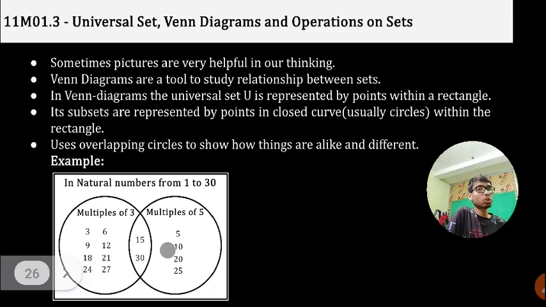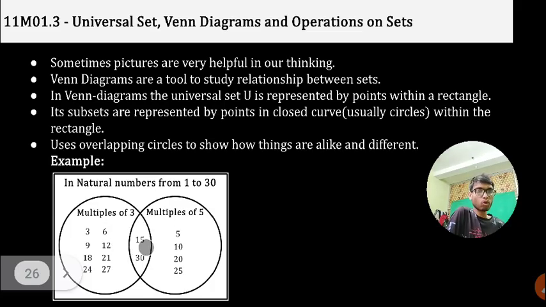Why not in the others? Because 15 is in the table of 3, and 15 is also in the table of 5. 3 fives are 15, 5 threes are 15, 5 sixes are 30. So 30 is in the table of 3 and also in the table of 5. 30 is for both sets.